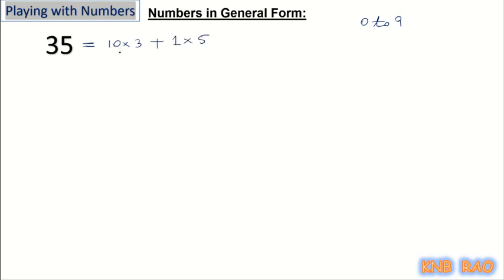If we write this way, that is, how many tens are there and how many ones are there, we call it the expanded form.